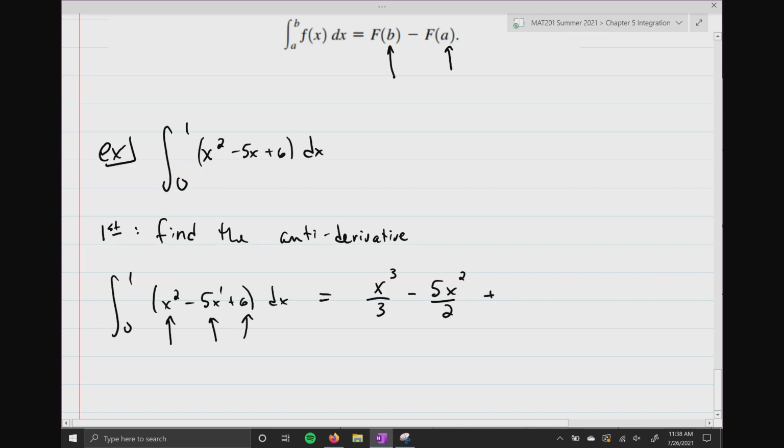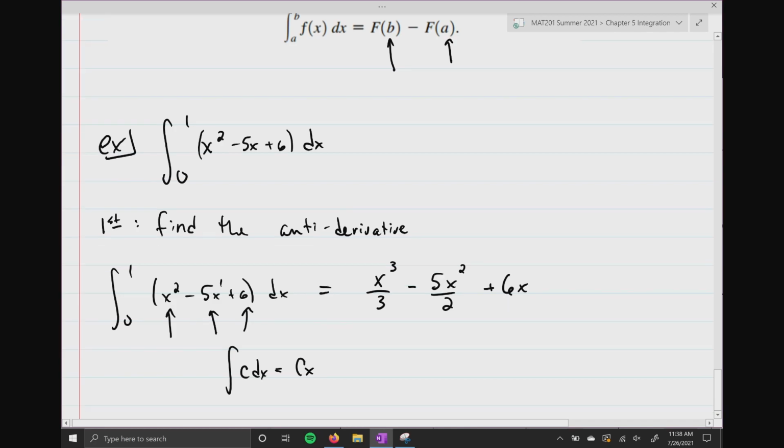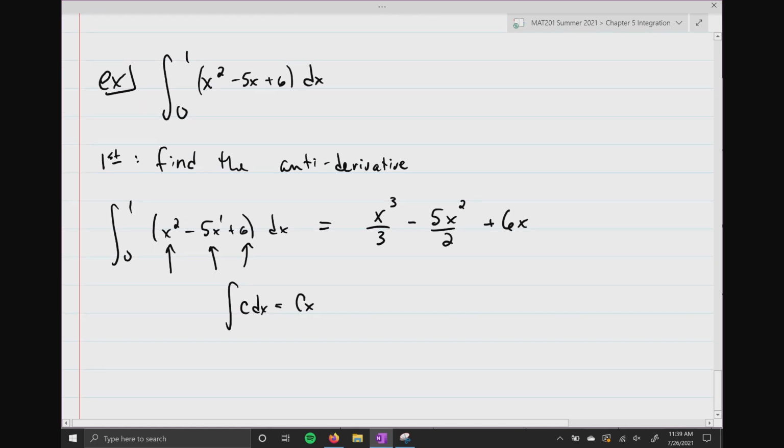Plus, now, the integral of a constant equals that constant times x. So let me show you what that means. It's a little bit different, because what I'm about to write really isn't going to make sense, but it's a good way to think about it.